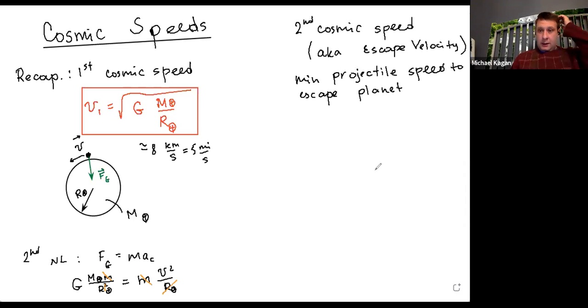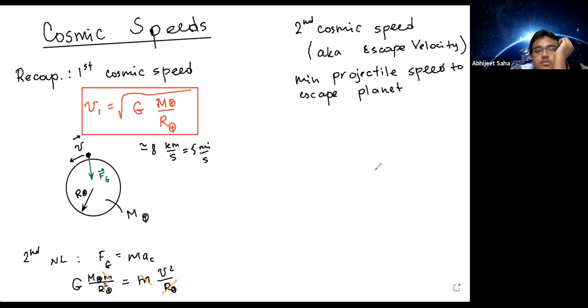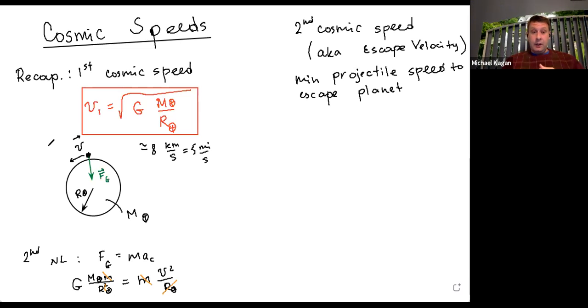Now, let's understand a couple important things. First off, which direction is the best to shoot the projectile at to make it more likely to escape for a given fixed launch speed? Straight up. Radially, right? Not like in this picture, but straight along the radius. Let's just make sure we're on the same page here.